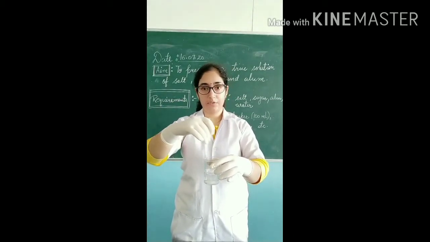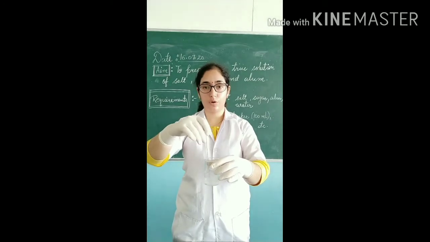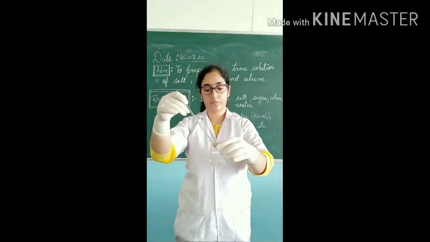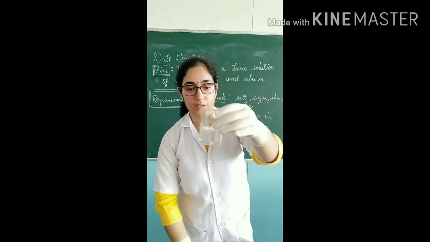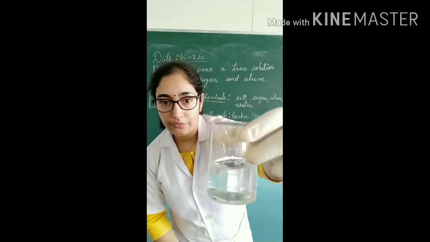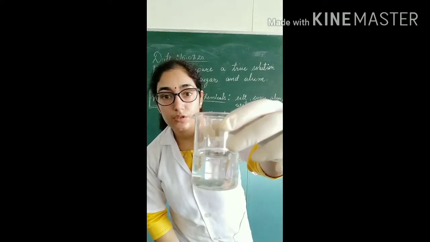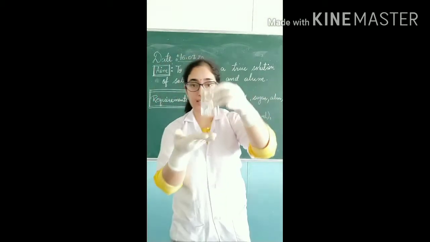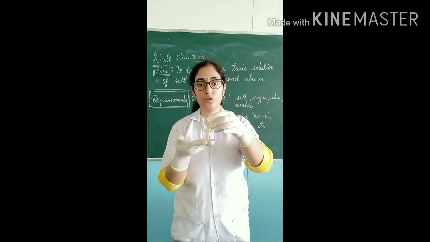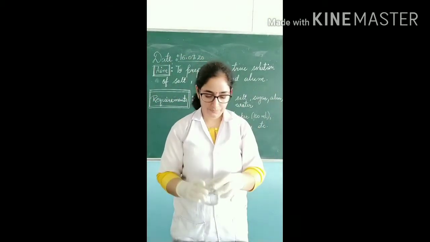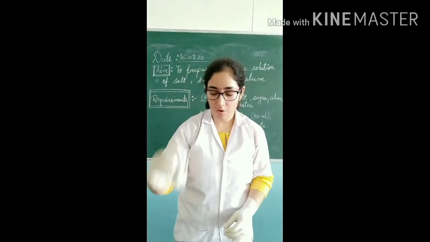You can see after some time it is going to dissolve into the water. As you can see here, all of the salt has been dissolved in water. This is called a true solution of salt, or solution of salt.